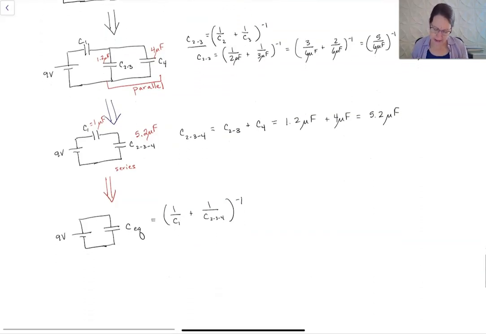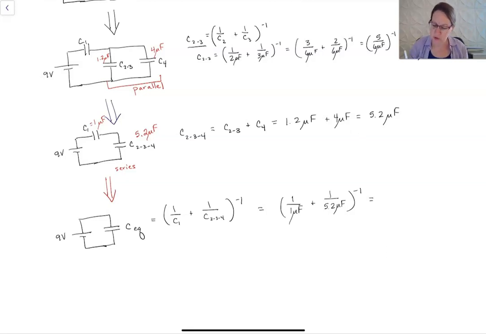Then finally, as we get down to the bottom of this, the equivalent capacitance here is going to be equal to, now these are in series, so we're following this plan: 1 over 1 microfarad plus 1 over 5.2 microfarad, to the negative 1. Now, 5.2 is 4 plus 1.2.